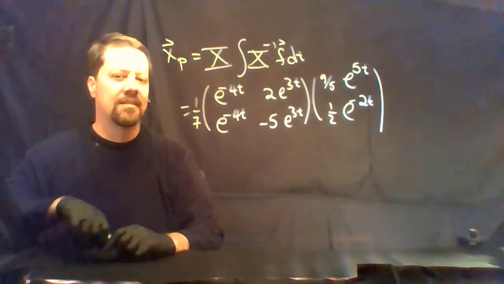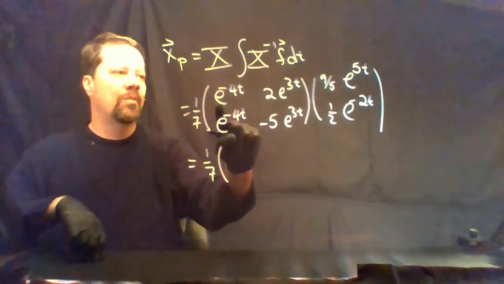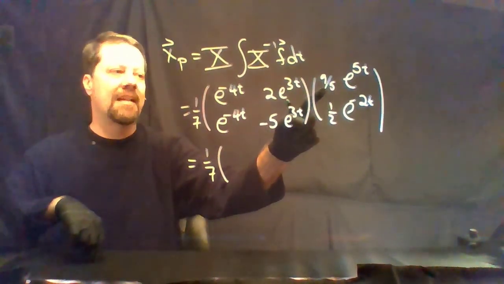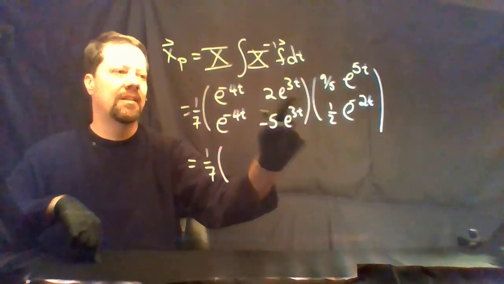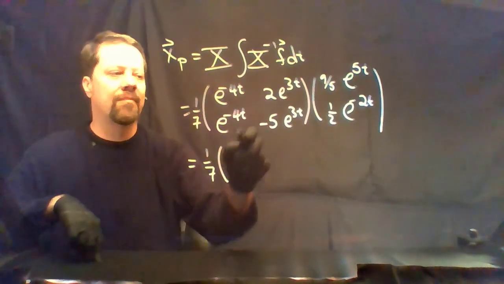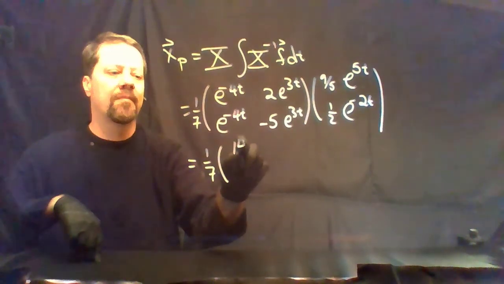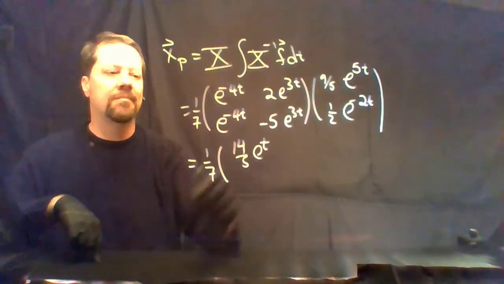Performing the matrix multiplication, we'll have an e to the t out of all of this. Here's 9/5 plus 1, also e to the t. 9/5 plus 1. 1 is 5/5. 5/5 and 9/5 is 14/5 e to the t.